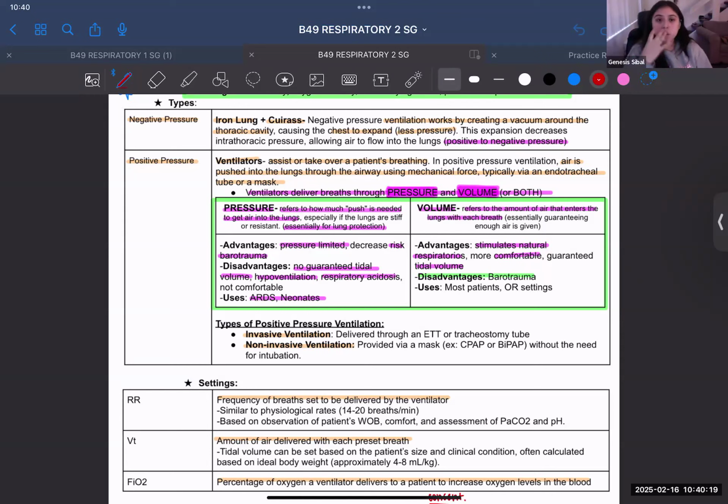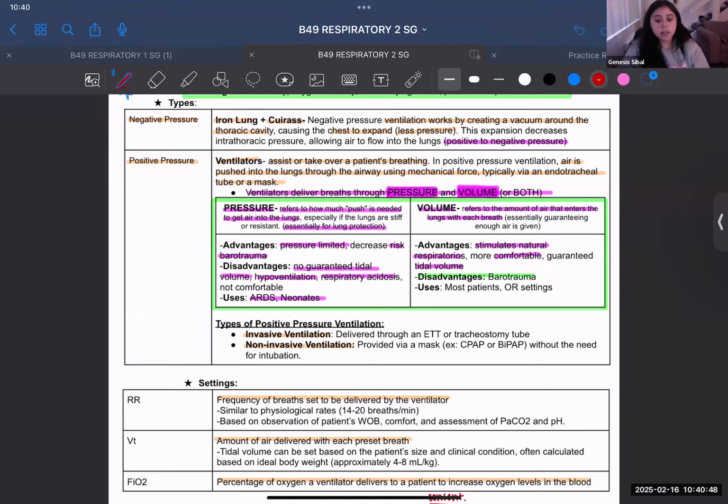With positive pressure ventilation, you're actually putting a patient on a vent, if they're trached or intubated with an endotracheal tube, through the trachea or tracheostomy, directly to the trach. The reason it's positive pressure is because it's directly blowing air into their lungs, whereas with negative pressure, the iron lung and the other one are basically changing the pressure. Again, we've talked about positive and negative pressure in terms of air inhaling and exhaling, right?